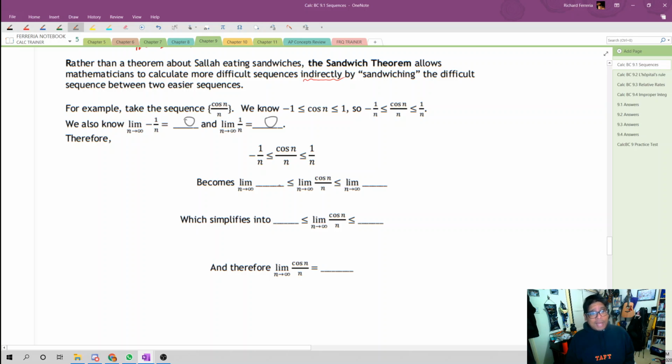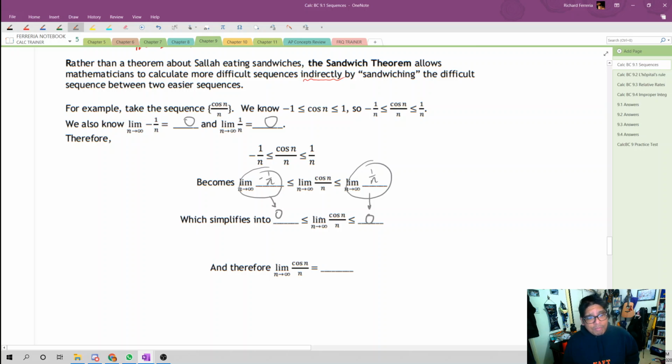Now that you know that, you're ready to actually complete the proof here. The first inequality that we had becomes a limit inequality, with the limit of 1 over n over here. And this limit right here is 0, and this limit right here is also 0.